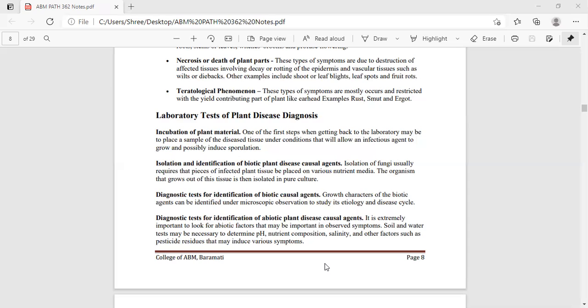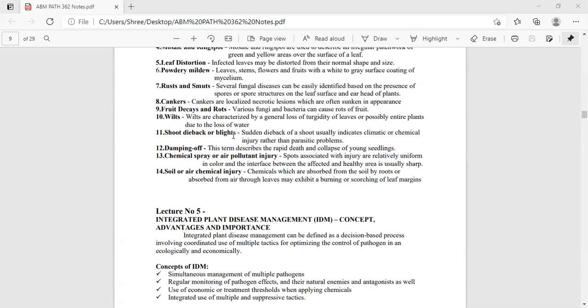Then if it is soil, then salinity, and other factors such as pesticide residue identification on the plant sample. These highly technical laboratory protocols we have to follow, and on that basis we can go for the identification of the abiotic plant disease causal agent. So this is about the laboratory tests which we have to follow for plant disease diagnosis.